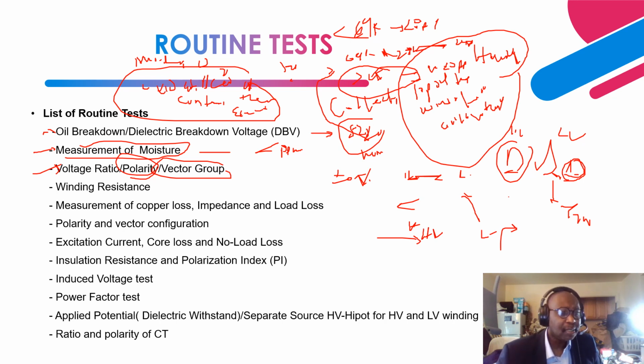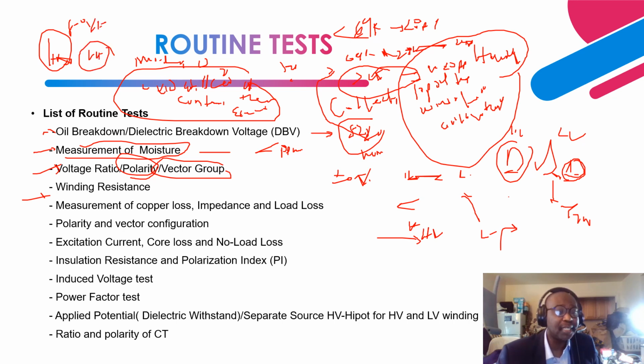Next is winding resistance. We do the testing for the winding resistance for the high voltage side winding and the low voltage side winding. For the high voltage side winding, we determine the winding resistance and correct that resistance to a temperature of 80 degrees or 90 degrees Celsius.